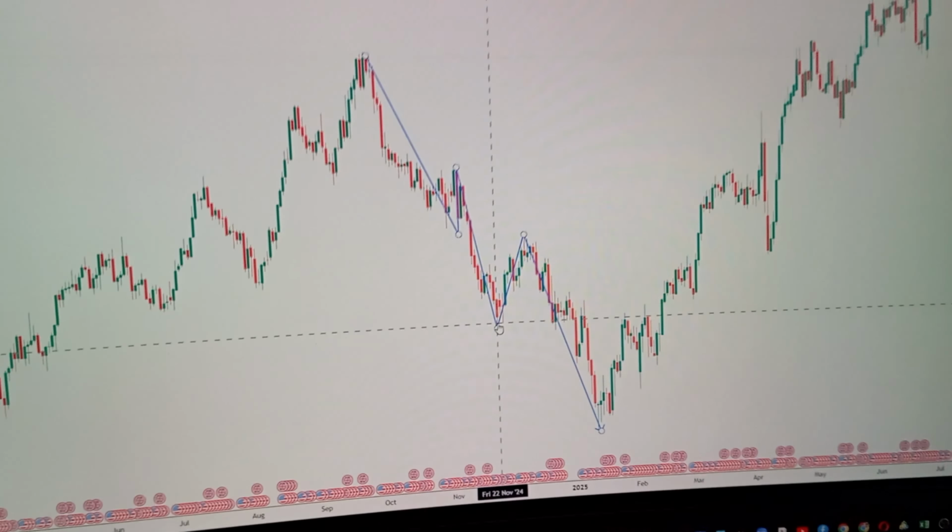This is a high, this is a low, and then this is a high, this is a high, this is a high. You can see that the new highs are even lower than the previous high. It's called a higher low. It is not a higher high, it's a higher low. That gives you a downtrend.